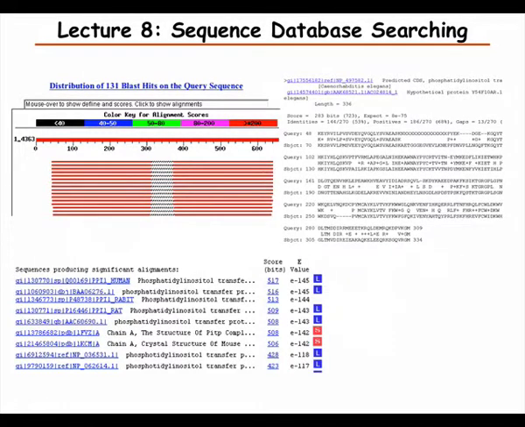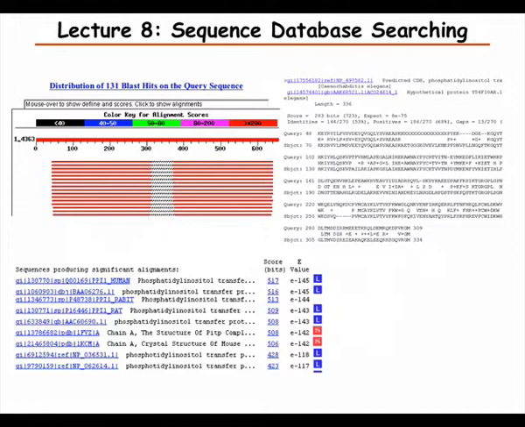Then an extension of sequence alignment is to search a database with a sequence. Here we have one sequence that we then compare sequentially to a lot of different sequences, a whole database of sequences. You've probably heard that one of the most popular ways to do this is to use BLAST, and you have probably come across that already.